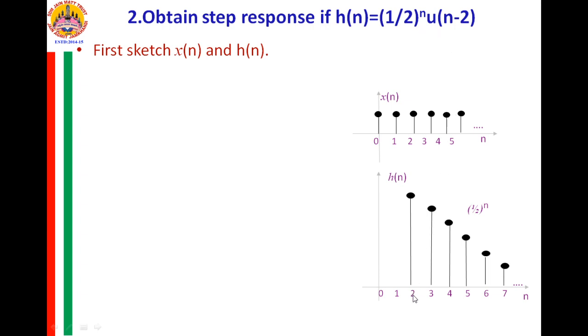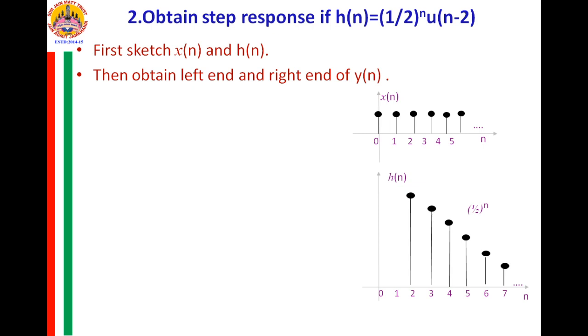It starts existing from n is equal to 2 onwards up to infinity, and the amplitude is 1 by 2 raised to n. This is a similar kind of example which we have just now discussed. The only thing is that here x of n is a unit step function and the other one is an exponential signal.